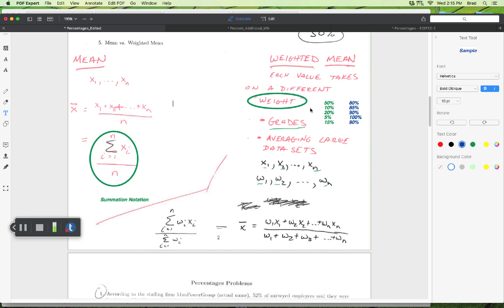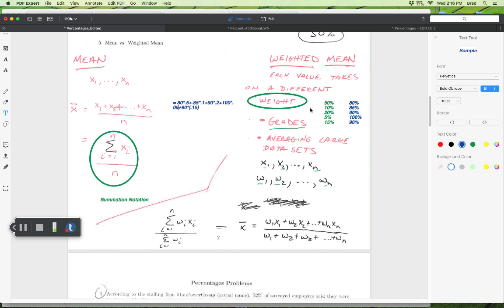So I would say we have 80 times 0.5, representing the 50% of your grade, plus 85 times 10% of our grade, let's call it 0.1, plus 90% was worth 20% of your grade, and then plus, you got 100% on something that's only 5% of your grade, and then you got 90 of the points again, times 0.15.